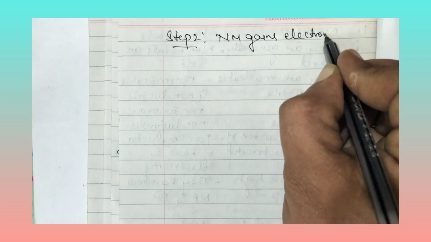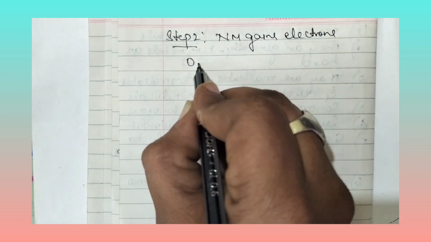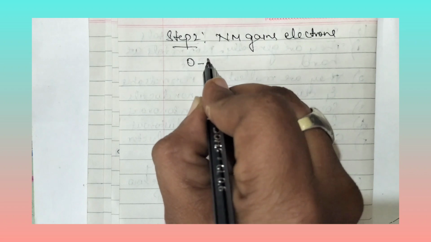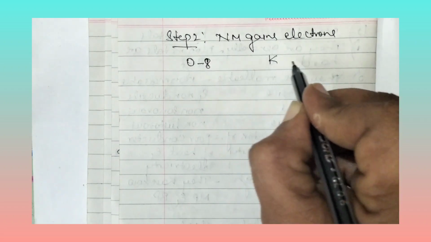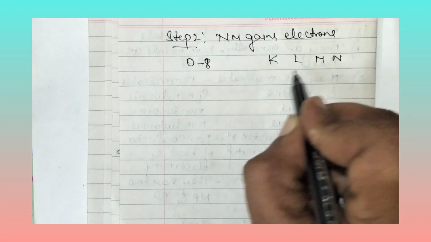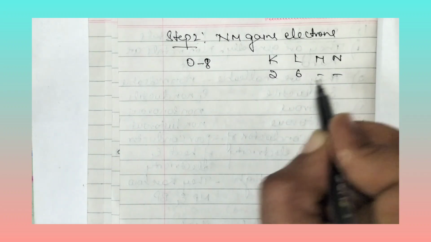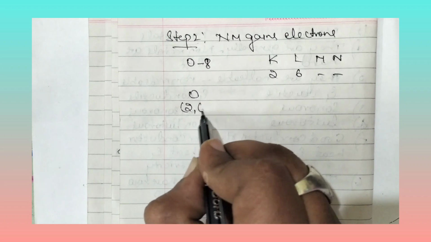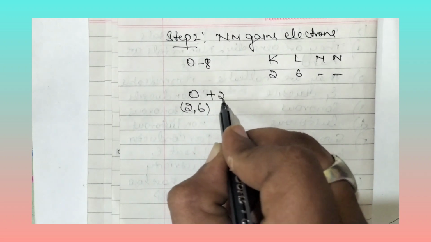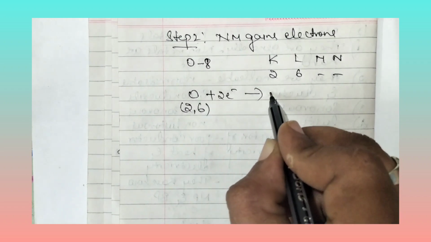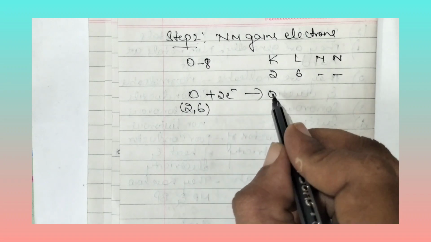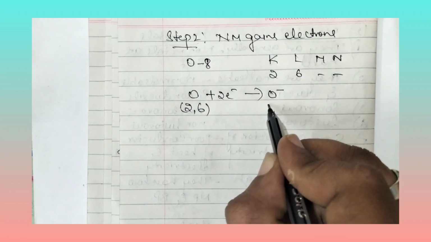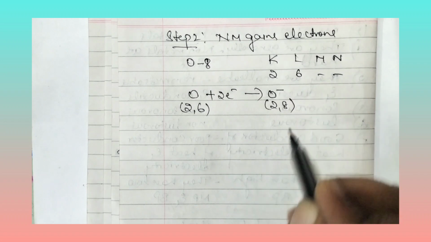Here the non-metal is oxygen, having atomic number 8. So the electron distribution is 2, 6. The oxygen atom, by gaining 2 electrons, will become the oxide ion, that is 2, 8.